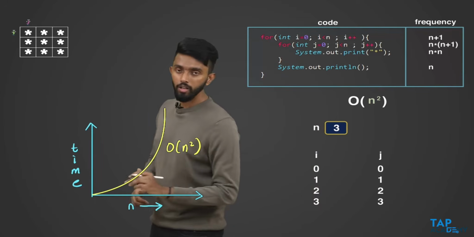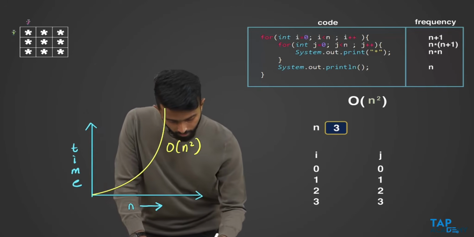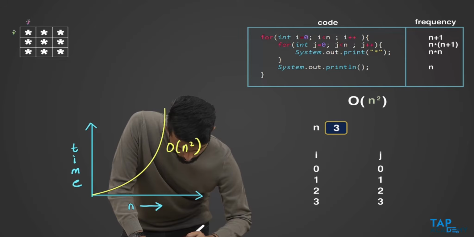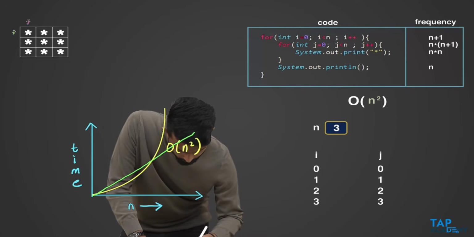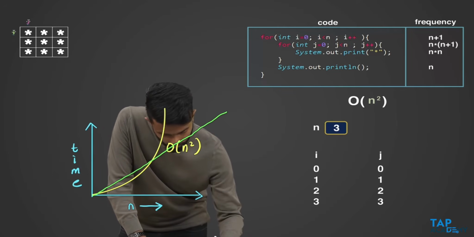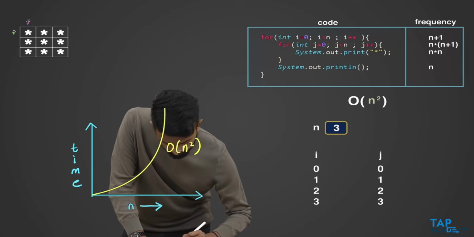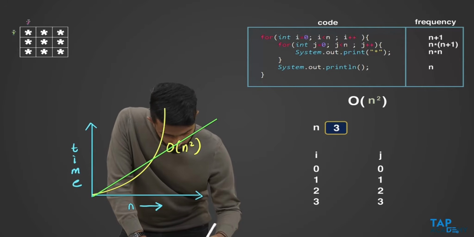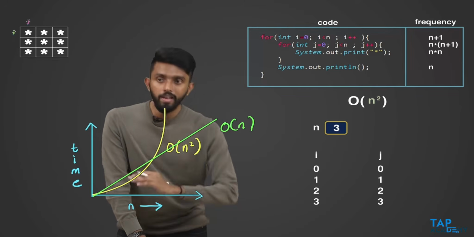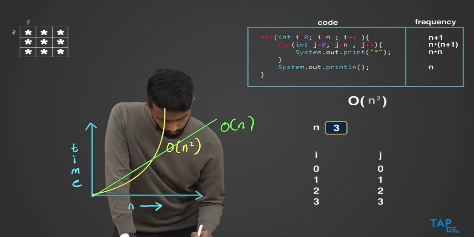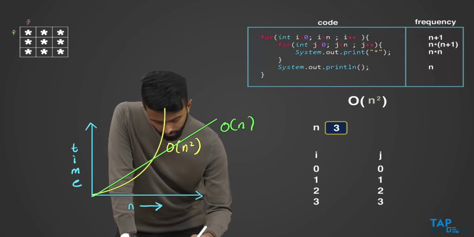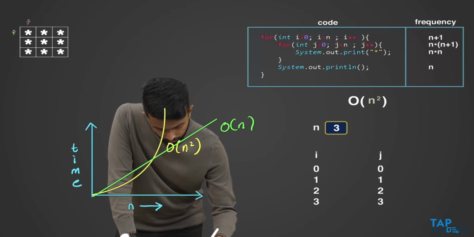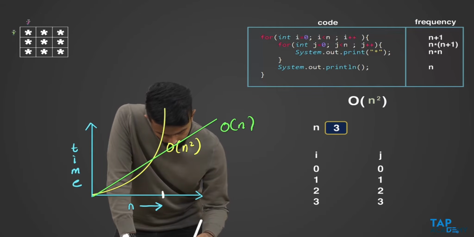Naturally you can see one thing. Let us assume this was big O of n, linearly. Let us take some value of n.